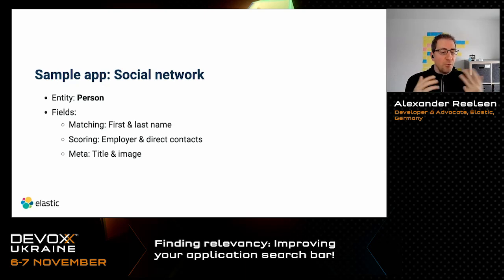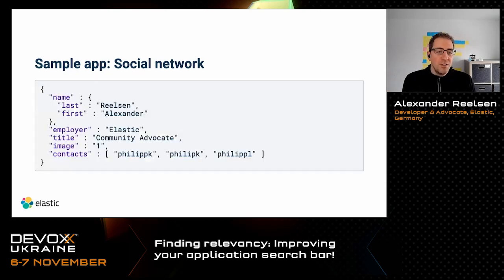And of course, there's a couple of meta information like the title of a person or the image, things like that, which are not important for matching, which are not important for scoring, but are still part of the whole entity. So the way this looks is like this. We have a name field with first and last name. We will also enrich this with a full name so that you can search in just a single field. There's an employer, there's a title, there's an image, which would just be a reference to a PNG.